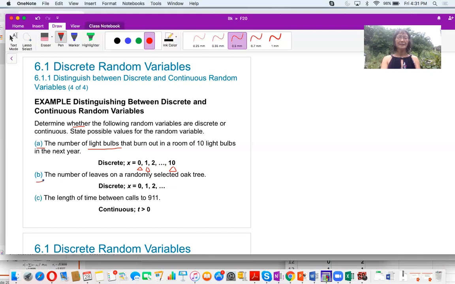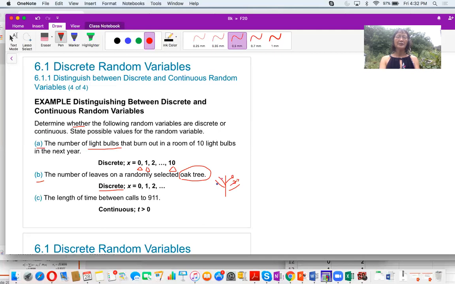Question B. The number of leaves on a randomly selected oak tree. Okay. This one is also discrete because it is an oak tree. Although a tree has many leaves, you can count. There's a finite number. You can count, okay?